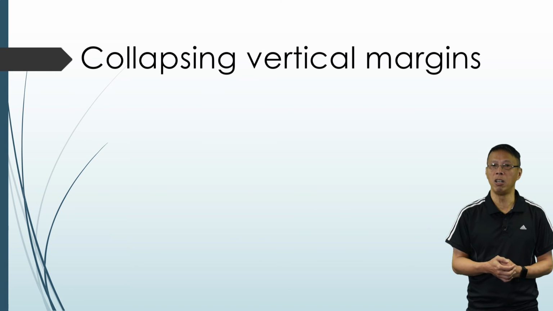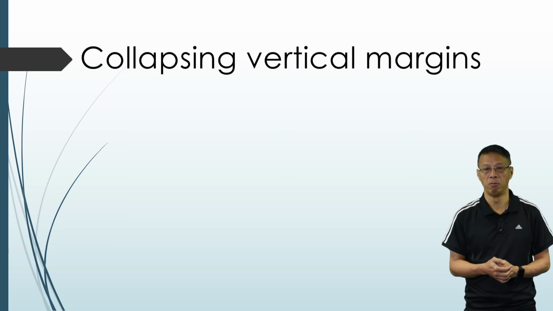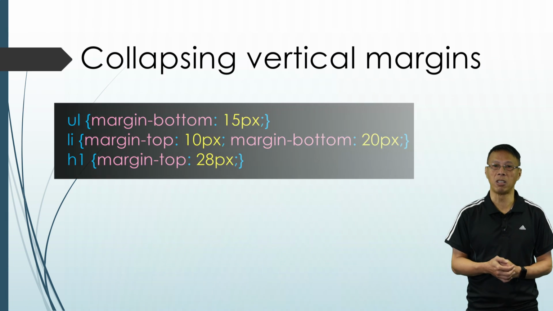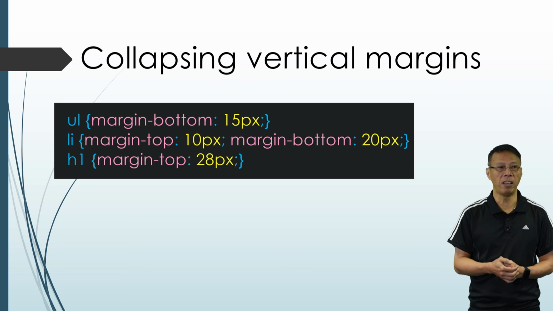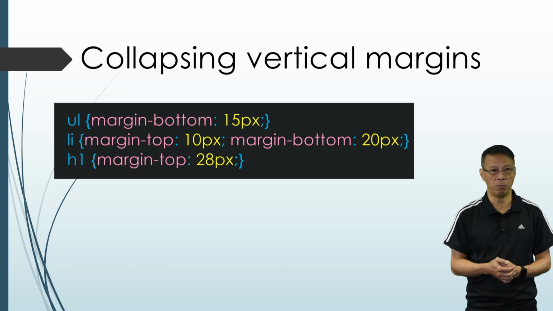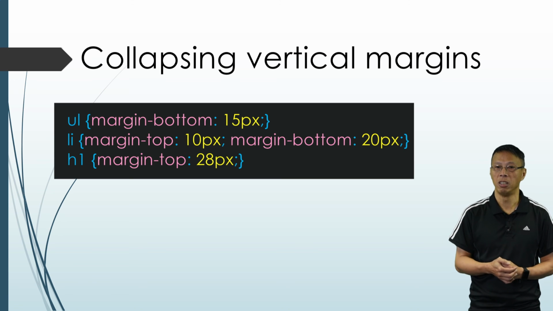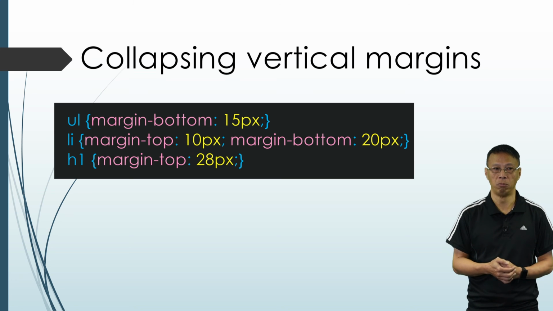While it's not only for one single element or the same type of elements. When we look into this example, we have 3 CSS rules, UL, LI, and H1. They are defining multiple margins. And the last item, bottom margin, is 20 pixels.